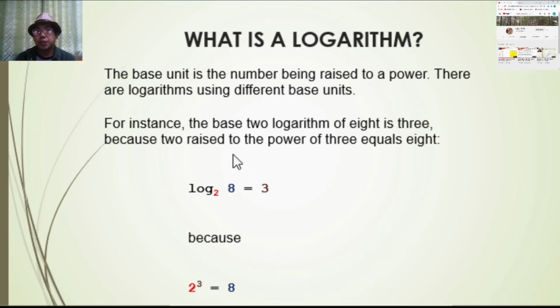You will notice that 8 is the result, which is the logarithm. Okay? Logarithm of 8. Now, another one is the exponent is 3, the exponent is 3 with a base of 2. So that would be the form of logarithm. Let's move on.